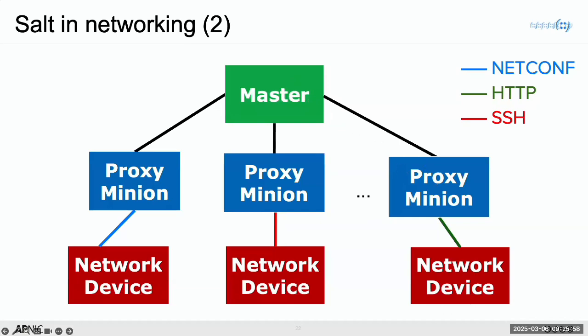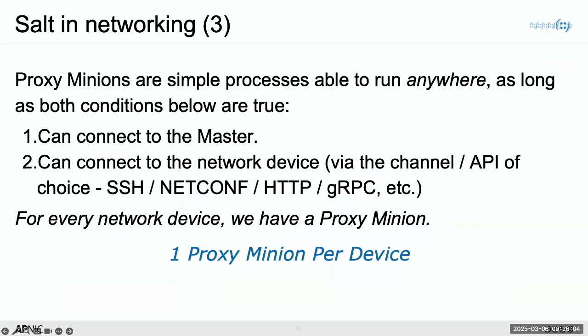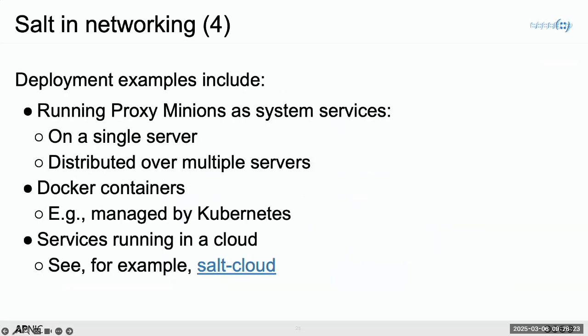As long as this process can communicate with both of them, you can have it. For every network device, you will have a proxy minion, so one proxy minion per device. You can think about how many devices you have in your network. That number of proxy minions you will require if you are going to use it.